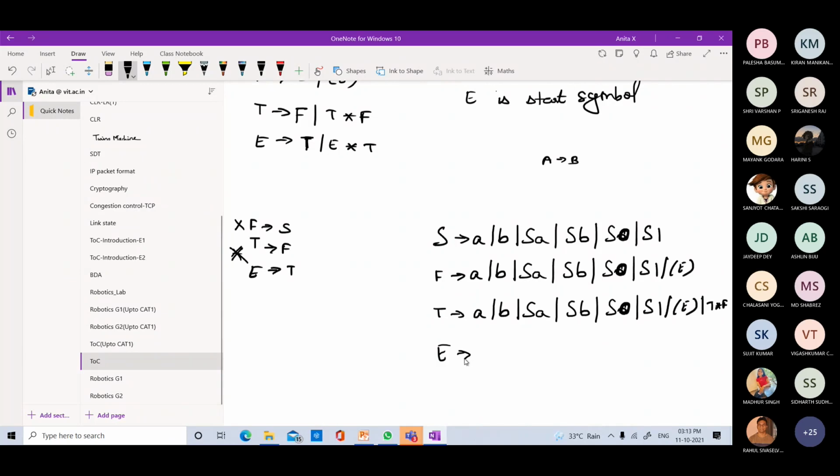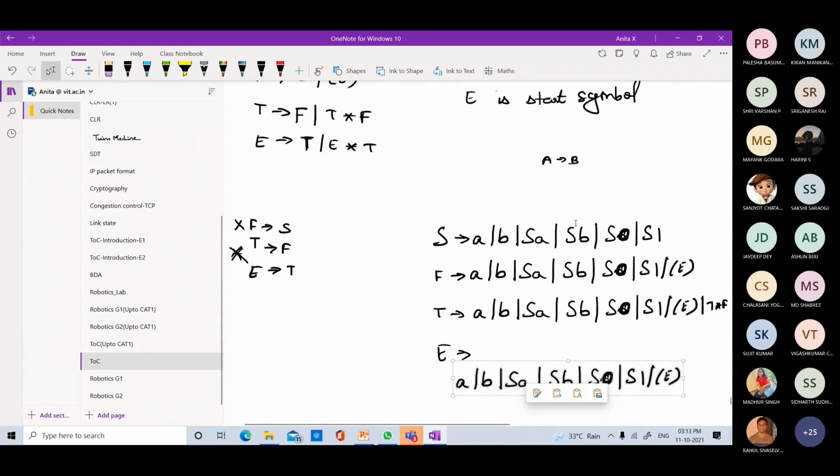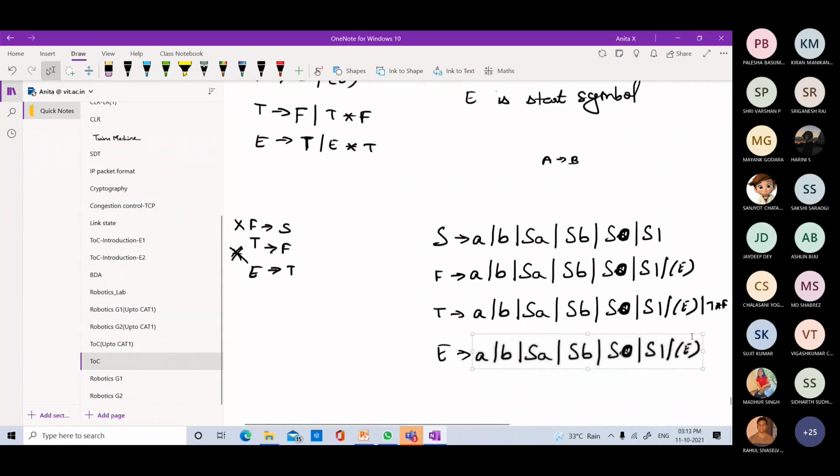So E derives... Are you clear with this? That clear?